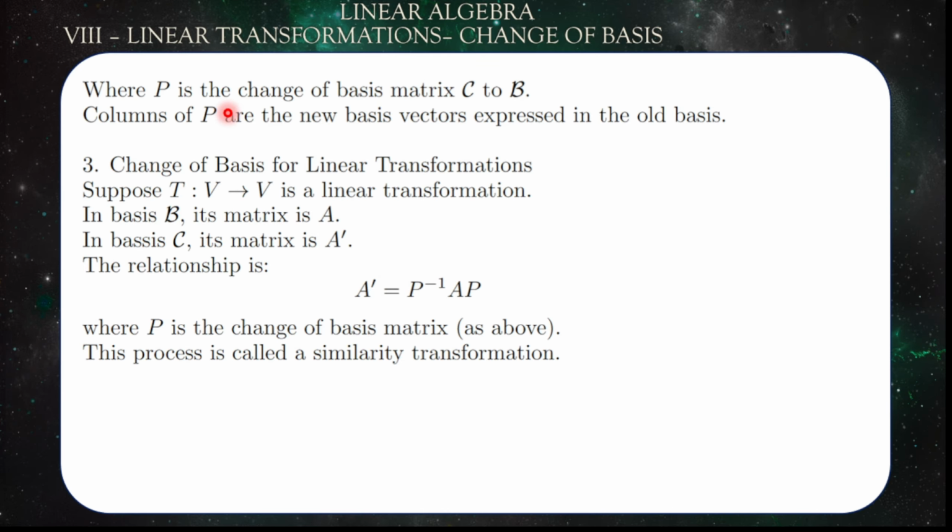So what is P? P is actually the change of basis matrix from C to B. Columns of P are the new basis vectors expressed in the old basis. We're going to check this out.